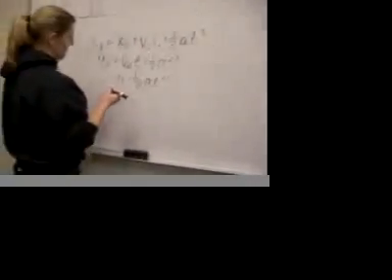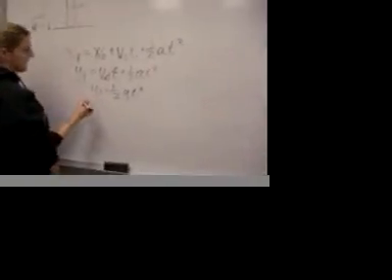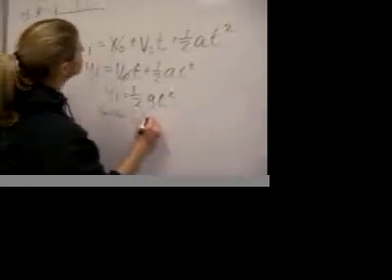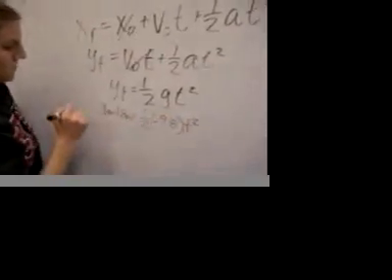So y final is 46 meters minus 1.8 meters equals 1/2 g, which is -9.8, times t squared.